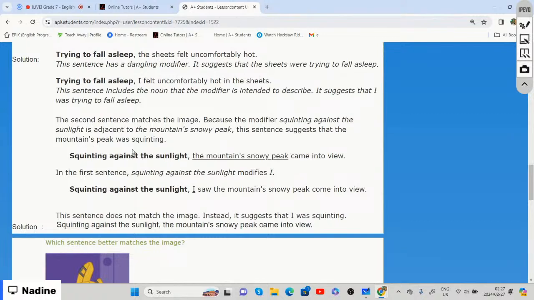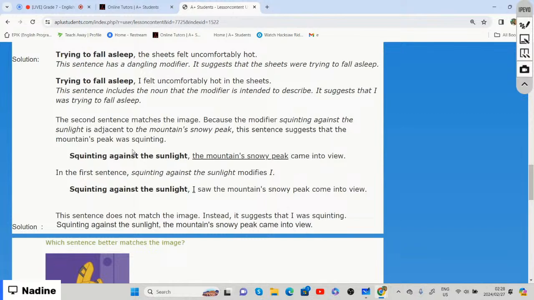And if we choose the correct one, we said that squinting against the sunlight, the mountain's snowy peak came into view, so it's almost like the mountain is the one whose snowy peak came into view.